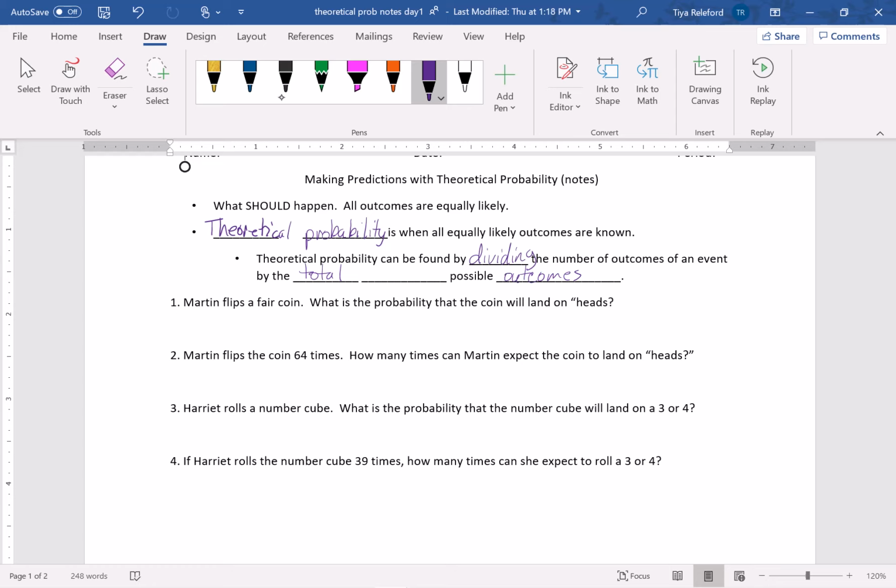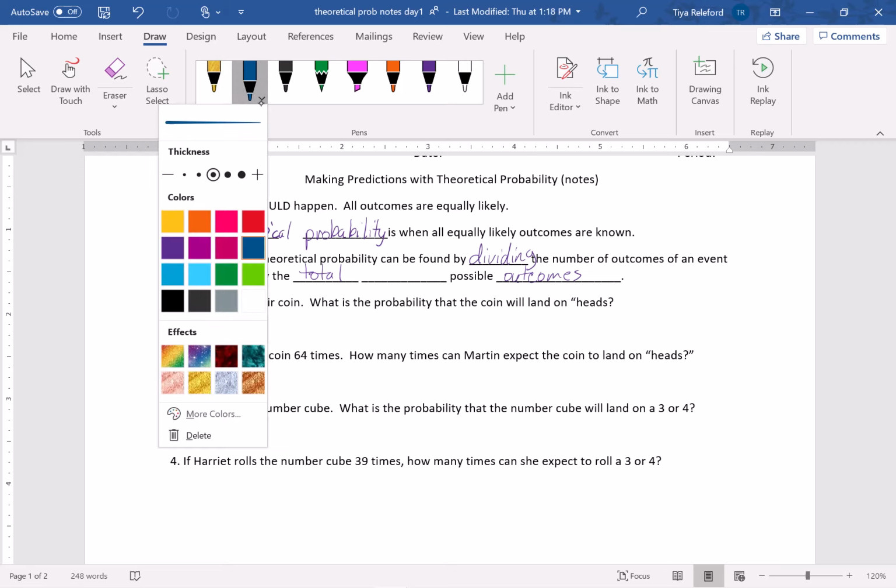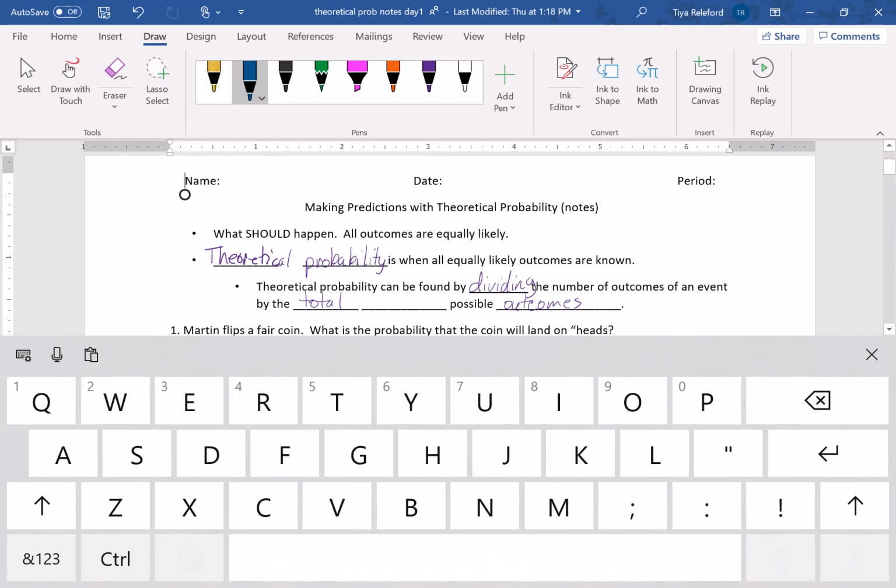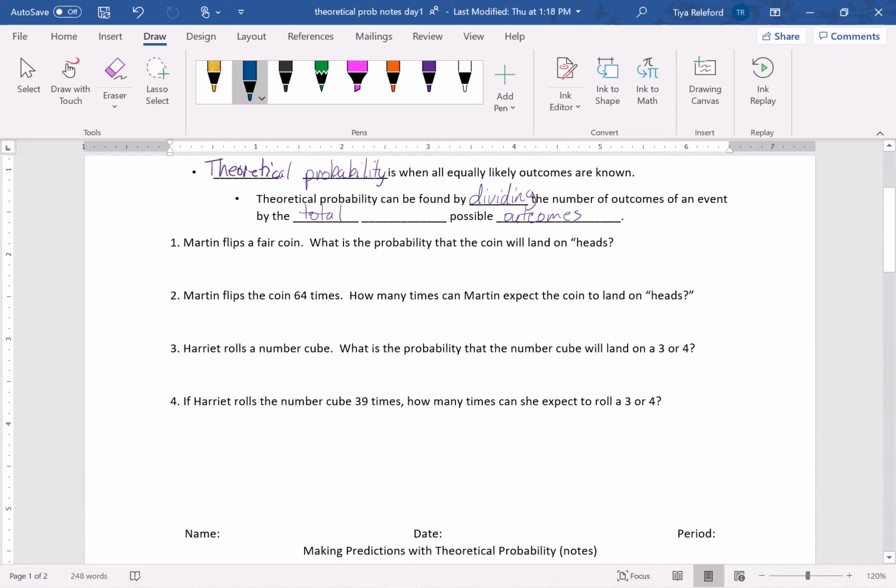So we're going to take this a step further and use it to start predicting the future, because in all honesty, that is the whole point of knowing how to calculate probability. We're trying to predict what will happen. So it says Martin flips a fair coin.